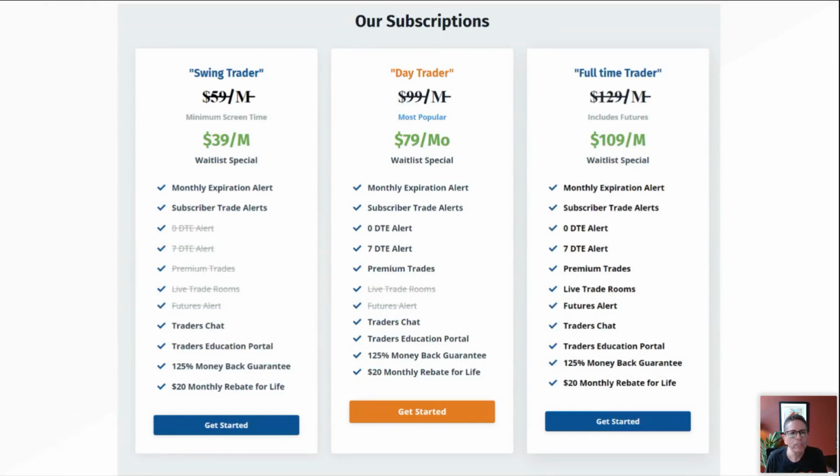The second one is $79. You get that from the swing trader. You have 0DTE and 7DTE and premium trades. Ike is a machine. He puts on diagonals and calendars, a lot of these trades, and he's been doing this for a very long time, and he's a great trader.